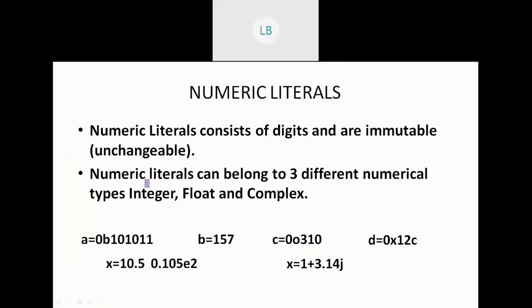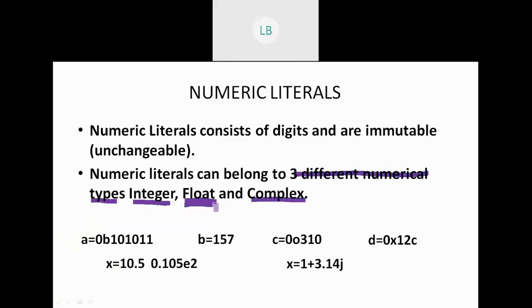When we talk about numeric constants, it is nothing but numbers, I said. Again, you have three different numerical types: integer constant, floating point constant, and complex constant.